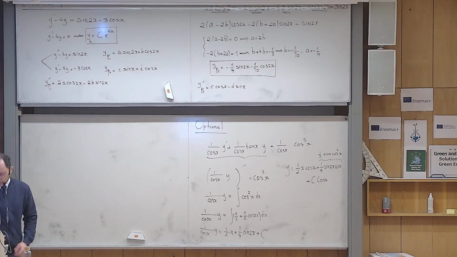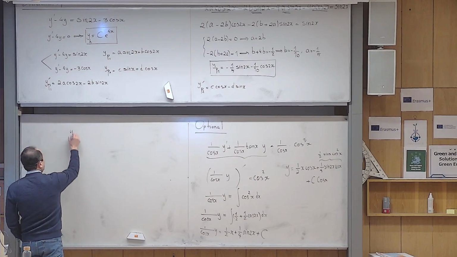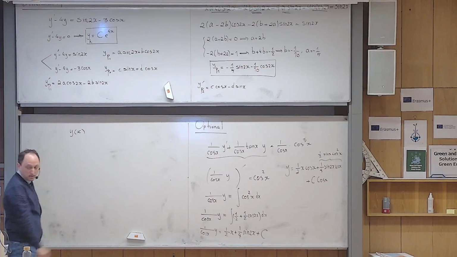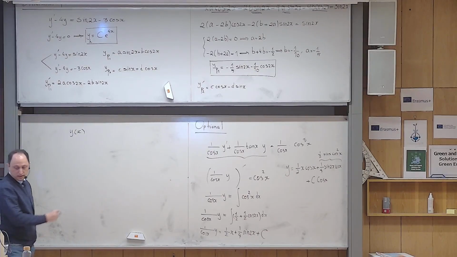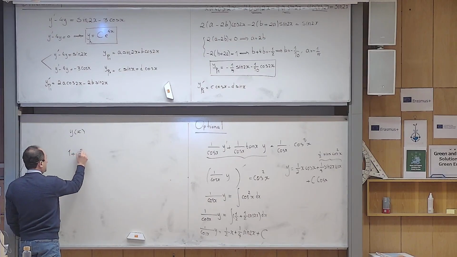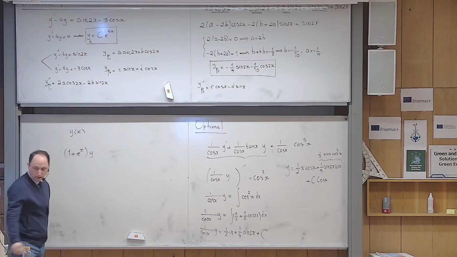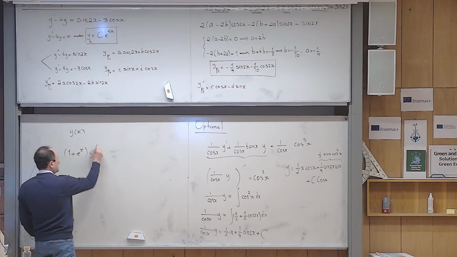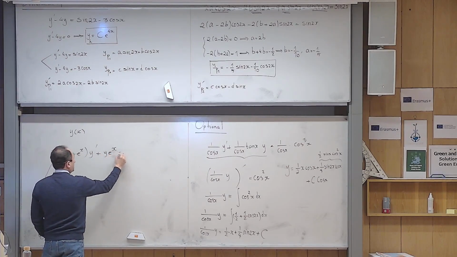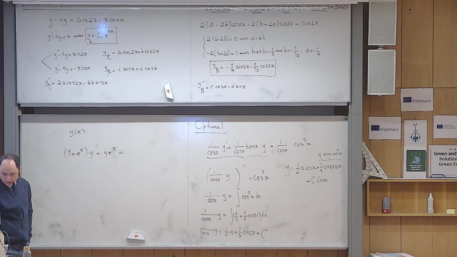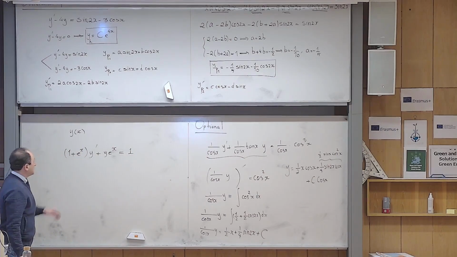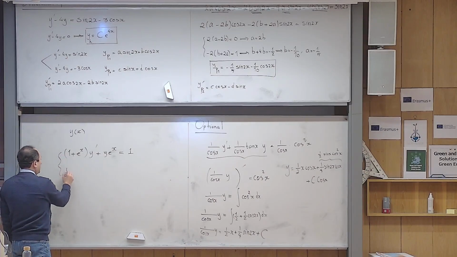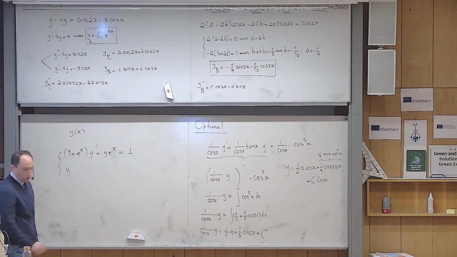So the differential equation is, they say: let y of x be a solution to the following initial value problem. 1 plus e to the x multiplied by y prime plus y e to the x equals 1. So it's not that complicated. And this is the initial value problem, and y of 0 is 2.